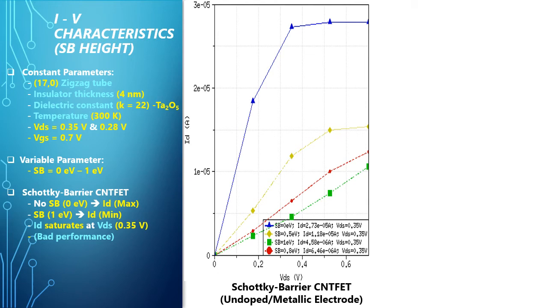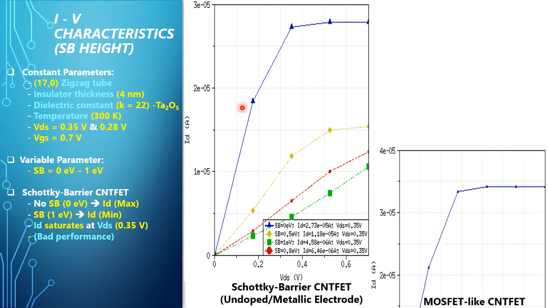The ID saturates at VDS equal to 0.3 volts. So that's a bad thing, you know.